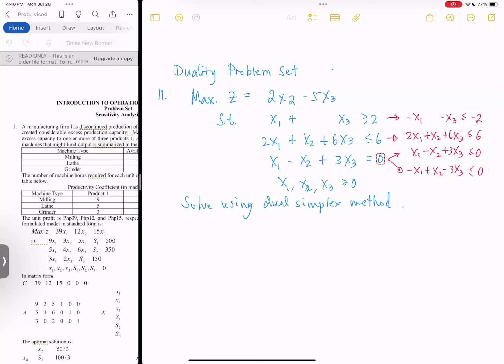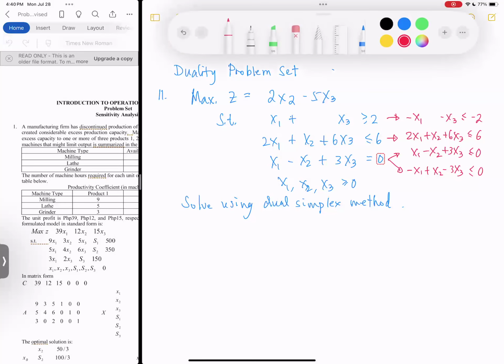What's the next step? Standard form, sir. Okay, standard form. So standard form, you will have z. Okay.